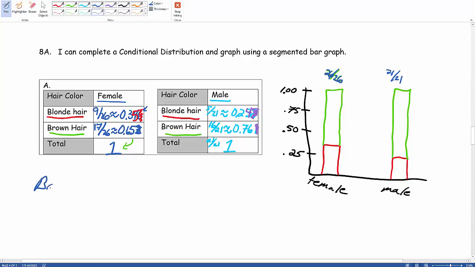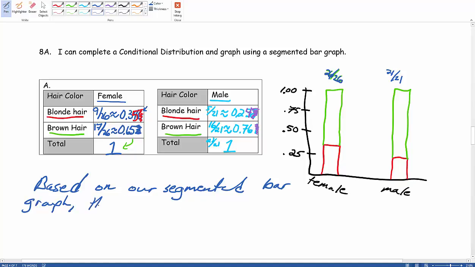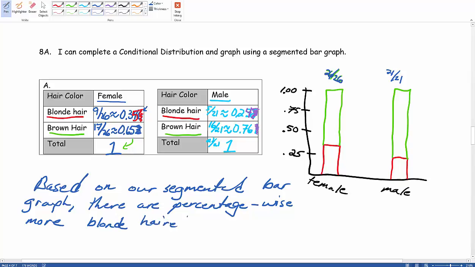So based on our segmented bar graph, there are, percentage-wise, more blonde-haired females than there are males.